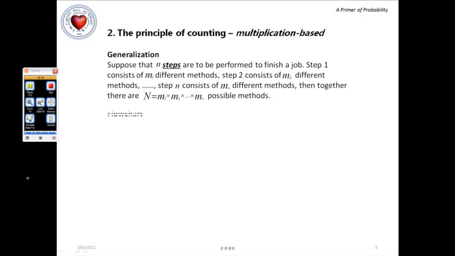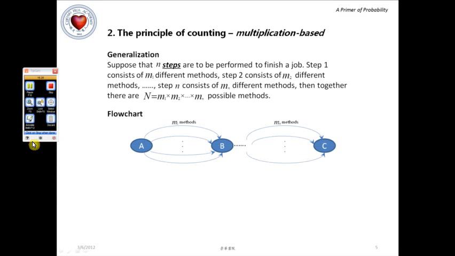This generalization can also be well illustrated by the following flowchart. Given the problem statement A, there are n steps, each of which consists of m1, m2 until mn methods, and finally gets to the final destination C. All steps need to be performed to get the required job done.